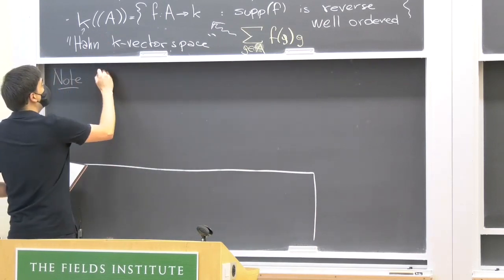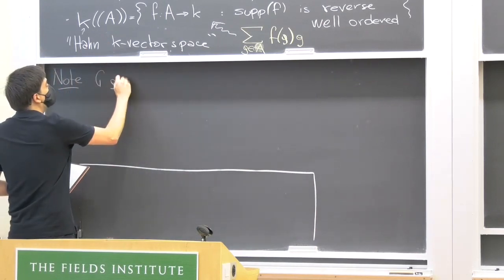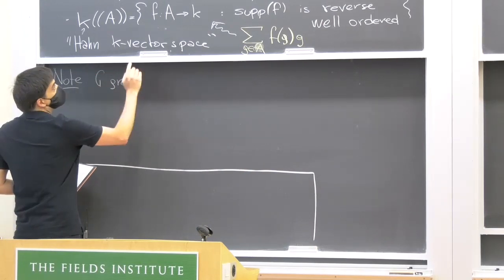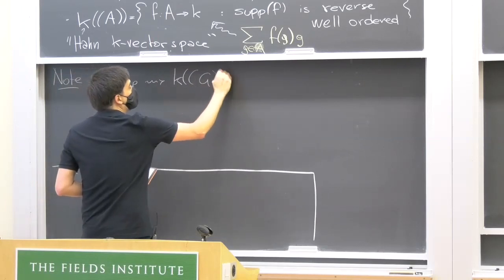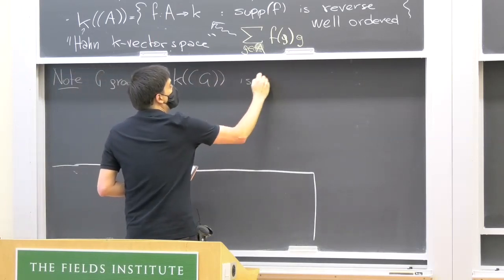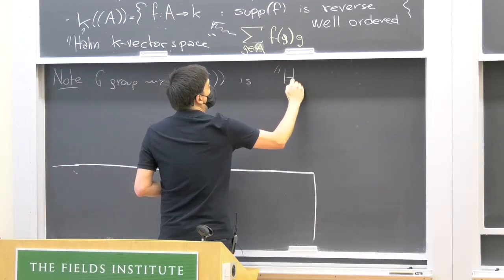When G is a group, then K double bracket G is a field, which we call the Hahn field.